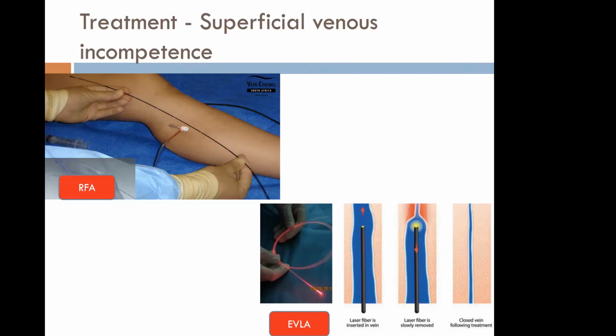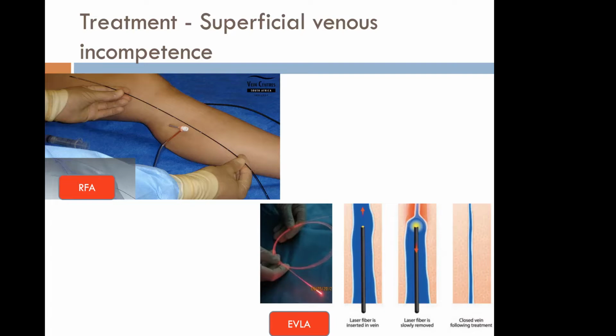Now, this emits heat of up to 120 degrees. So what you do, you cause this thermal injury to the vein, and that obliterates the vein, it heals by fibrosis, so there will be no flow in that vein anymore. So you would have addressed the source of the incompetence and the cause of the venous hypertension.